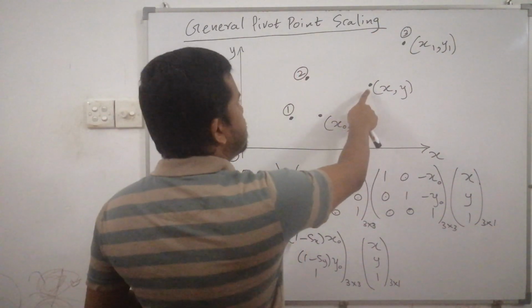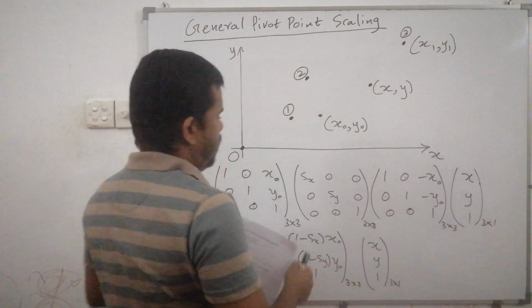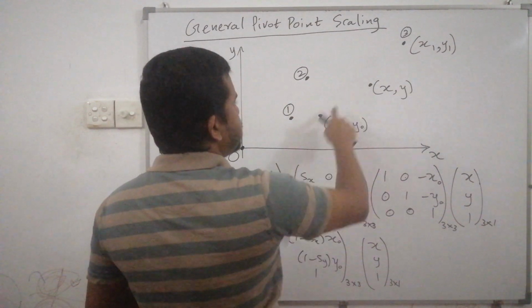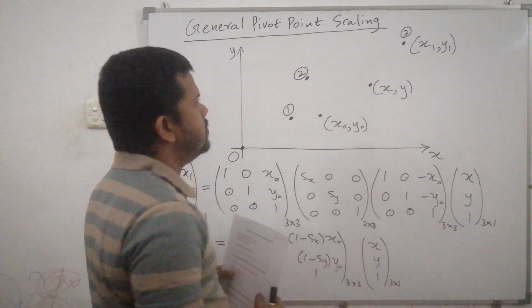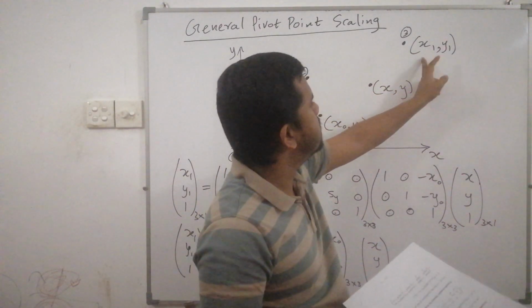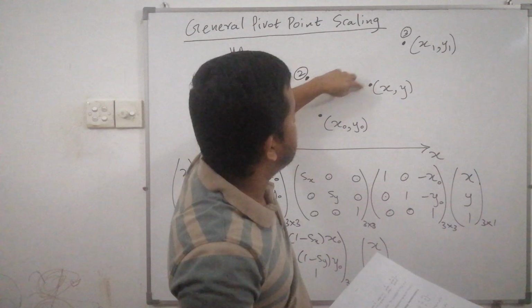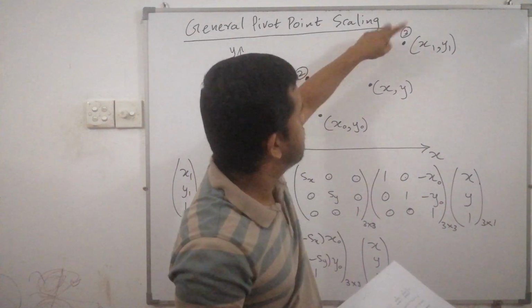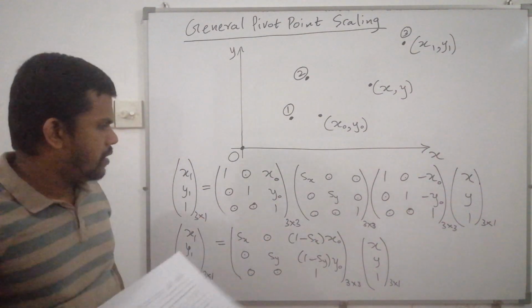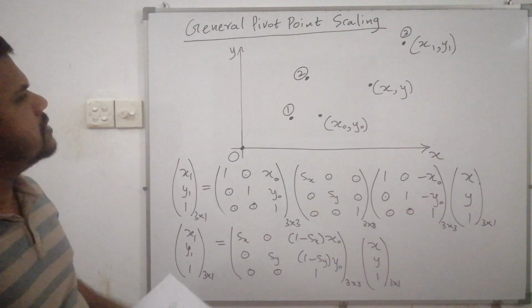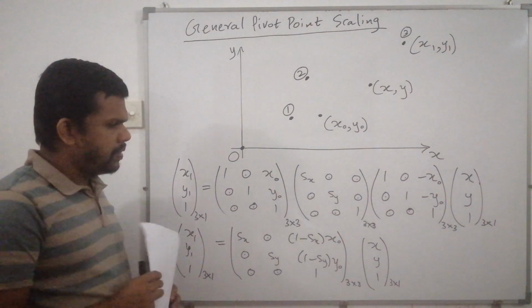So that means if we scale this point with scaling factors Sx and Sy with respect to this point, then let's say we get this point. Therefore, this transformation we can do using this matrix. So this is what we mean by general pivot point scaling.